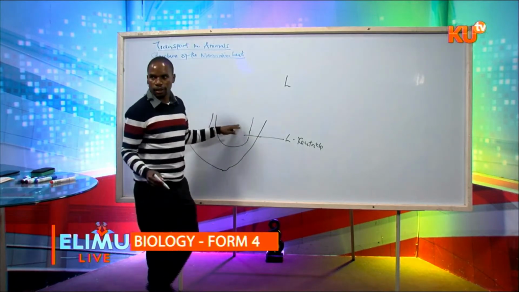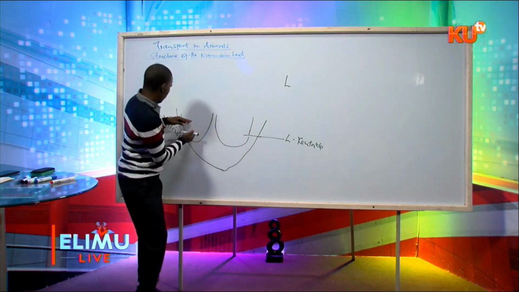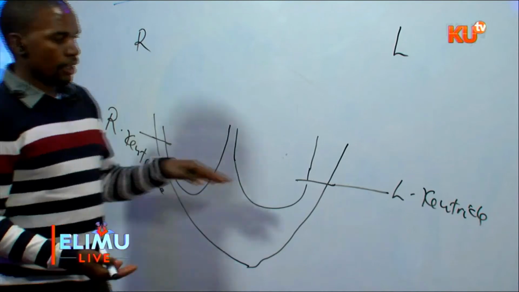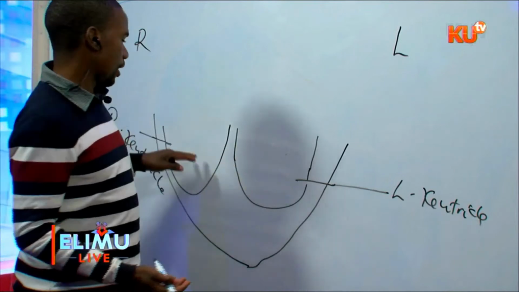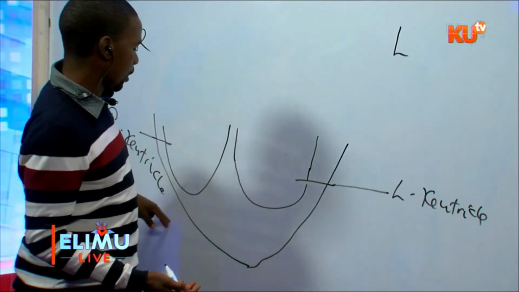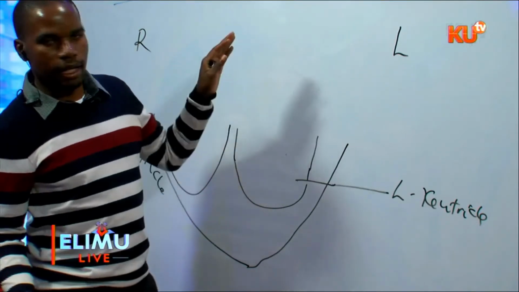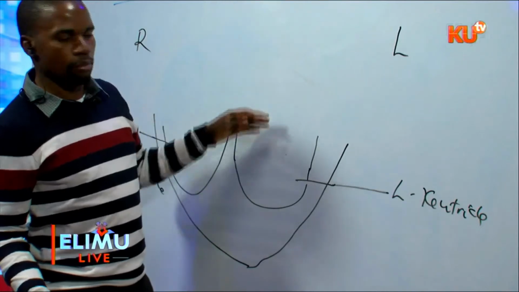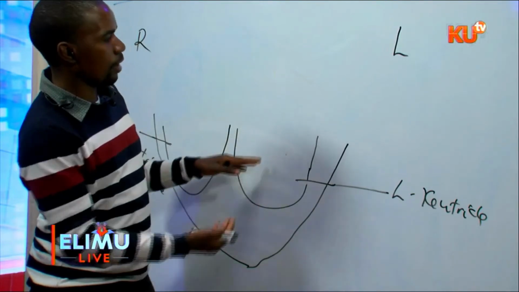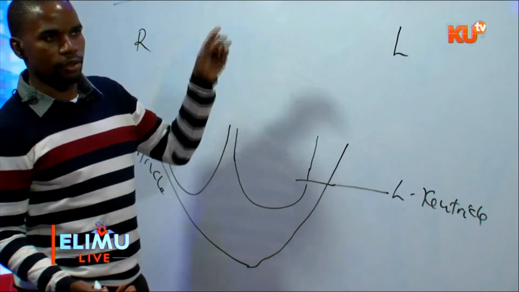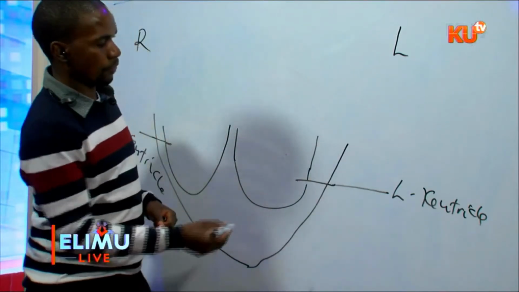The reason the muscles of the left ventricle are thicker than the muscles in the right ventricle is because this side of the heart pumps blood to the furthest parts of the body. So we need a lot of pressure to contract so that the blood can be forced to the aorta and to the rest of the body. So basically this is the left ventricle.